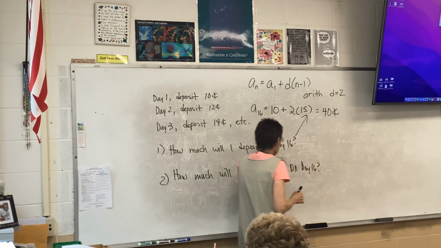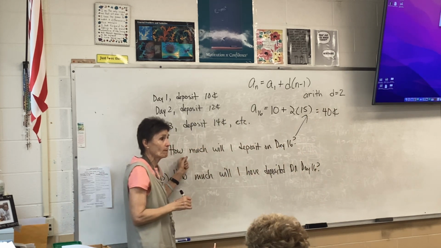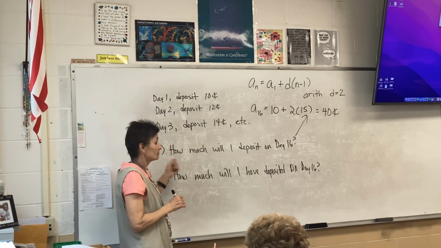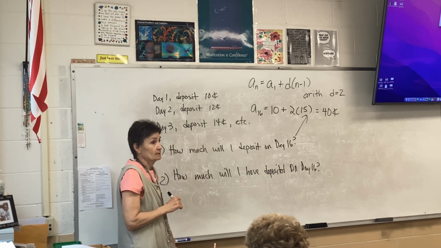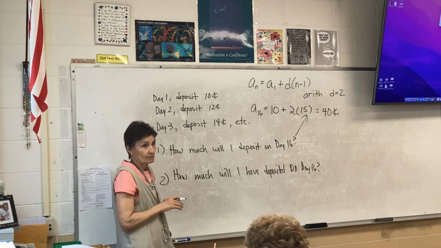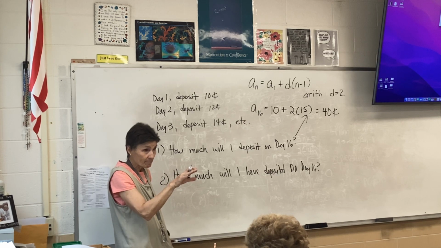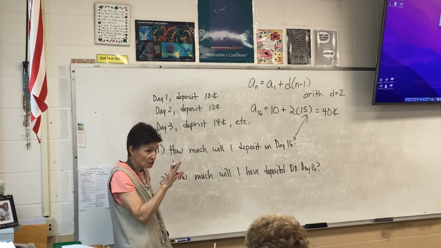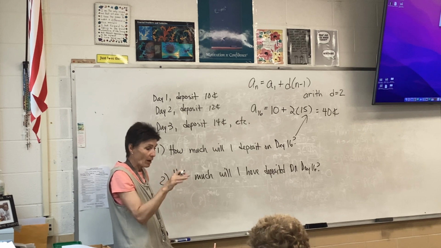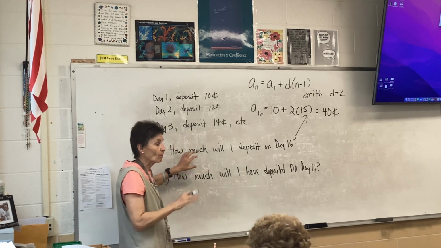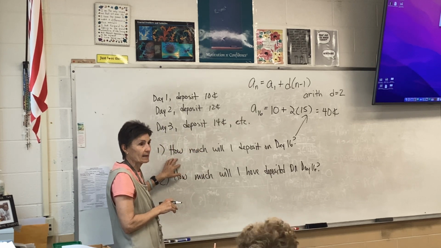So the answer to question number 1 is 40 cents. That's old news, right? Gio, you got it? You okay? That's question number 1. We haven't gotten to the notes yet. We're going there in a second.